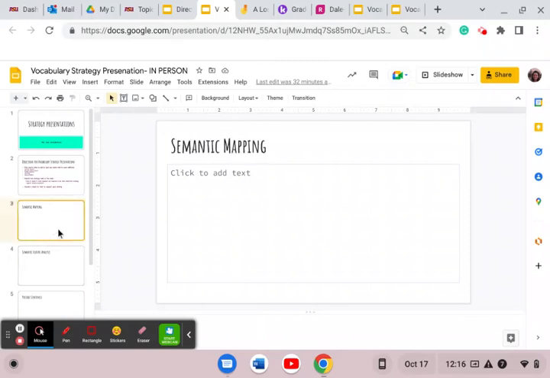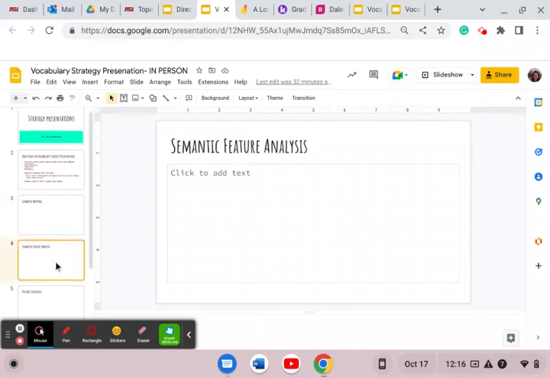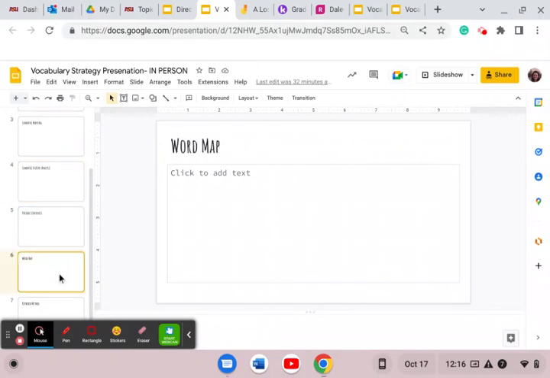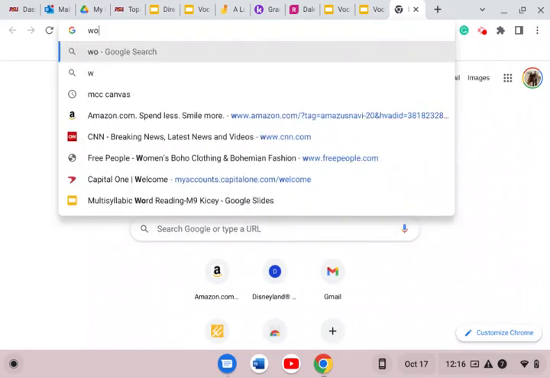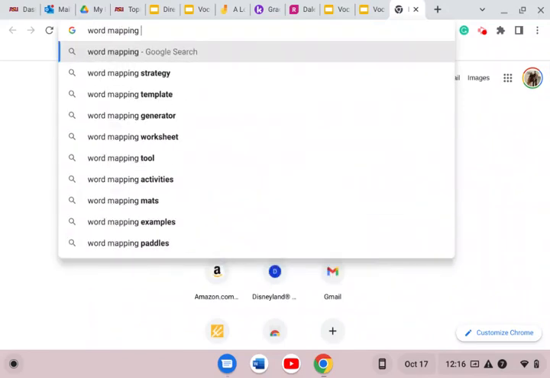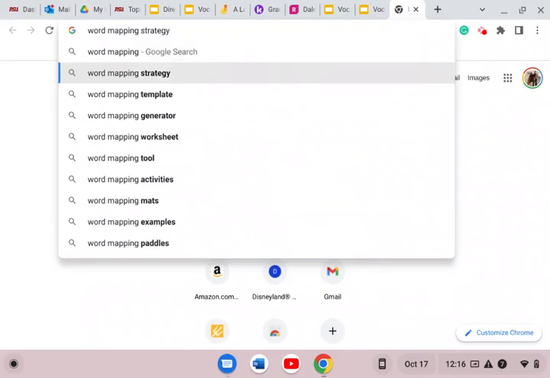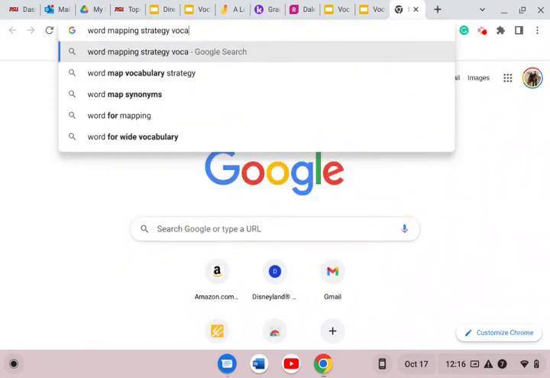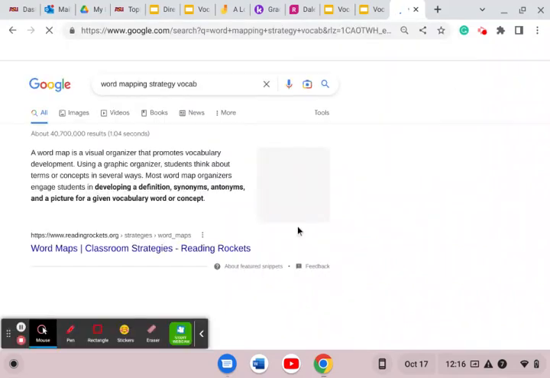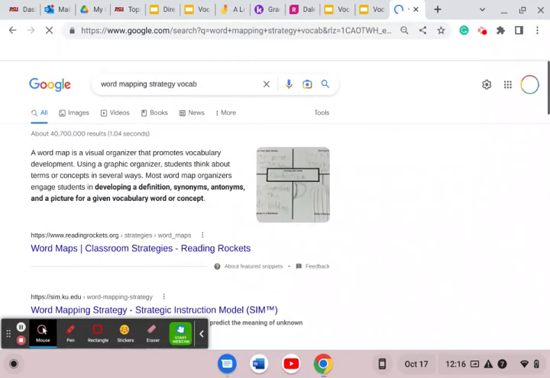So let's say you want to do, which one do I want to do? Word mapping. Go into Google, click on word mapping strategy vocab. There you go. That's what it is.